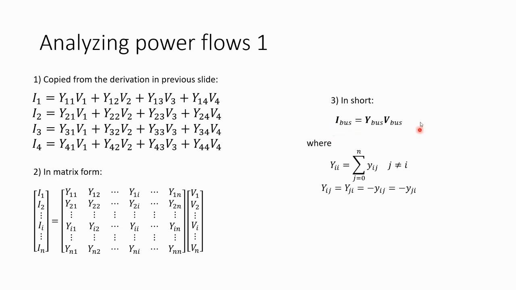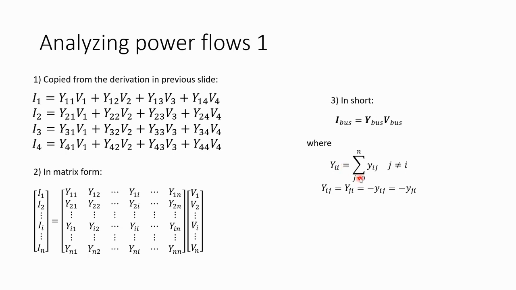Of course, when we write this, we have to remember what we have defined for our Y value, which is the self-admittance given to you here. Yii, where i can be any value between bus 1 to bus 4. It can be Y11, Y22, Y33, or Y44.